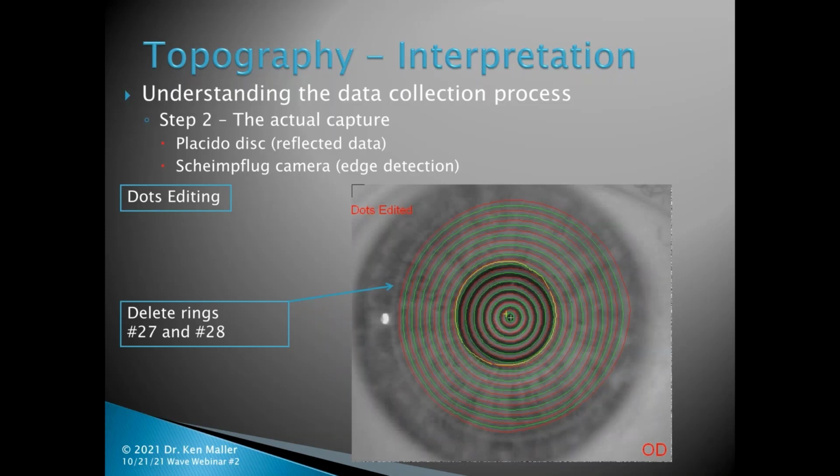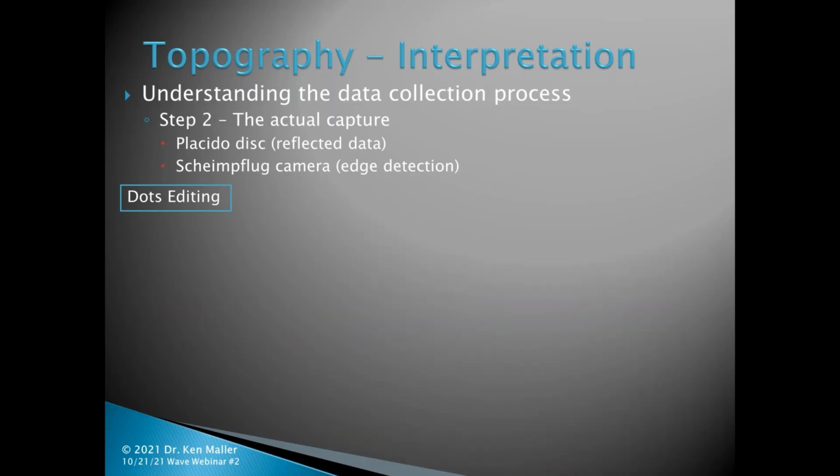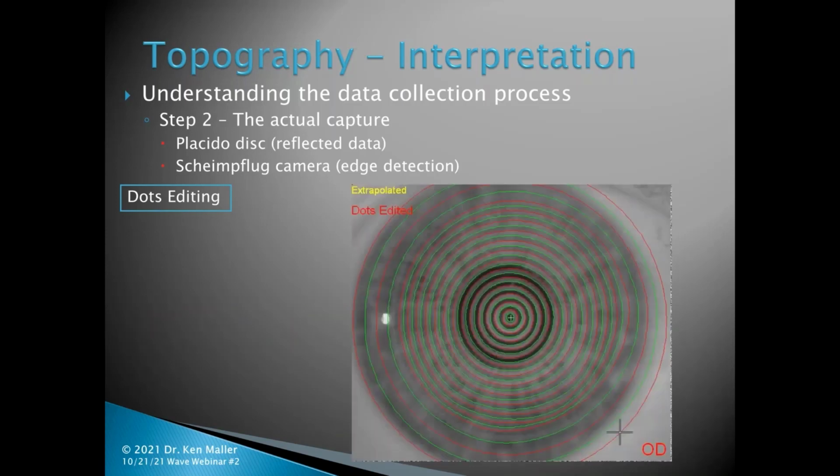This is a dots editor image where I've gone ahead and since rings 27 and 28 looked so awful, I just deleted them. So now let's go ahead and take a look. It's extrapolated version, and it looks beautiful now because all the rings are perfect circles, just like they should have been on the original capture. We've just gone ahead and fixed that by dots editing these.